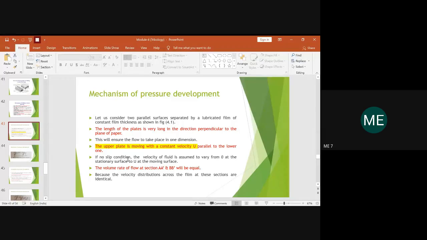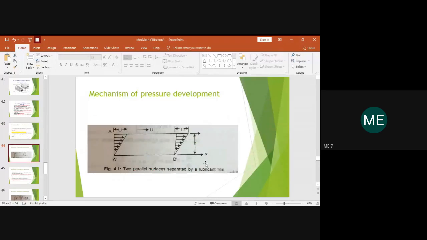So at the no slip condition, you are assuming that the velocity of the fluid will vary from 0, since it is stationary, and as the sliding comes across, the relative velocity will vary from 0 to the velocity with which it is moving across the upper plate surface. So here the velocity remains the same, but at the bottom the velocity will be 0.